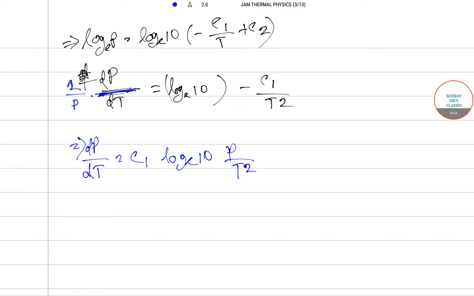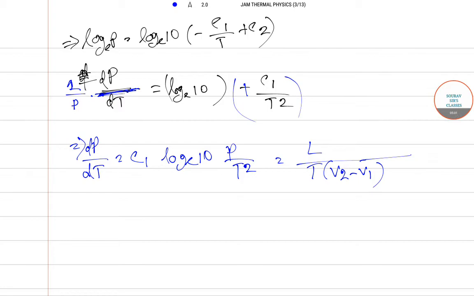This is equal to L by T into (V2 minus V1), which is given in the question.